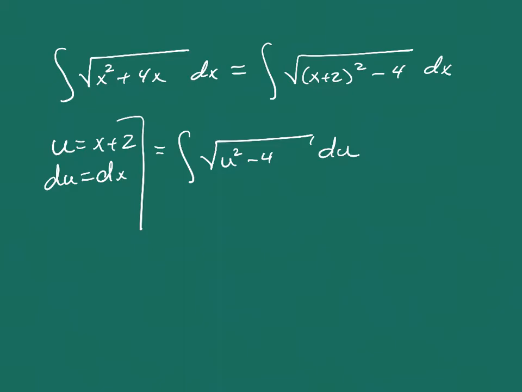So now I do have the form that I need for my trig substitution. I'm seeing u squared minus 4.